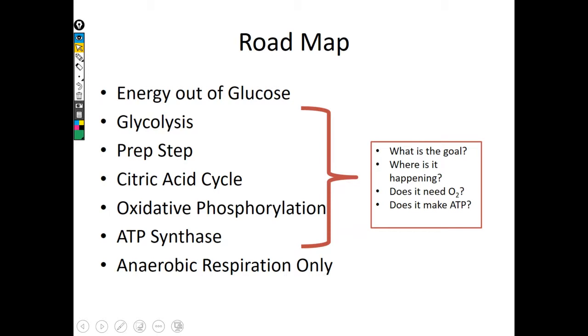So you see I have my box out. Just like before, see what it is that we need to focus on. The first of which is what is the goal or what is happening. Just like before, there was always something we started with that we were trying to break down into something. That'll be the first thing we're paying attention to. Then the last bit: are we making ATP?